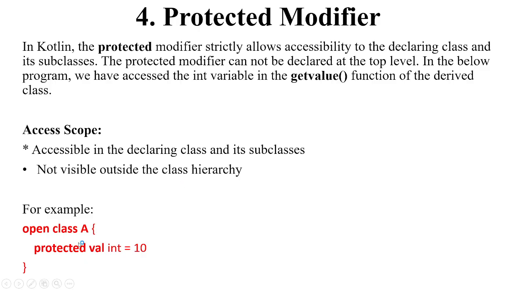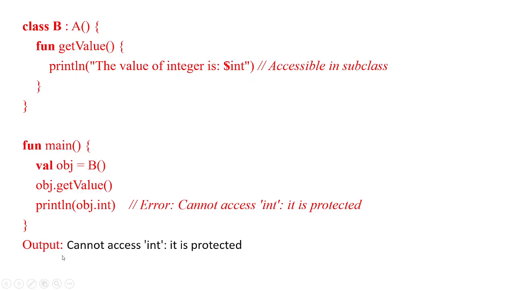So here we have declared a class A that is an open class, and we have declared an integer variable that is protected. When we create the object of B, in that case we cannot get the value.